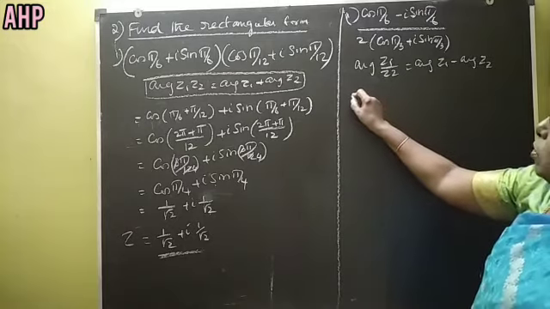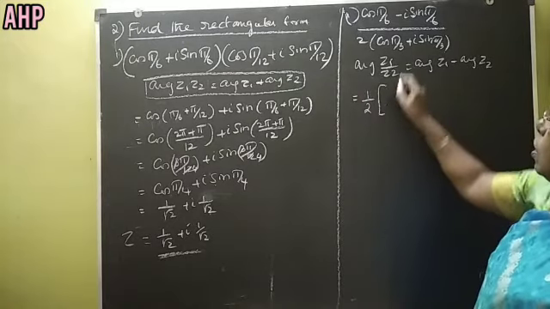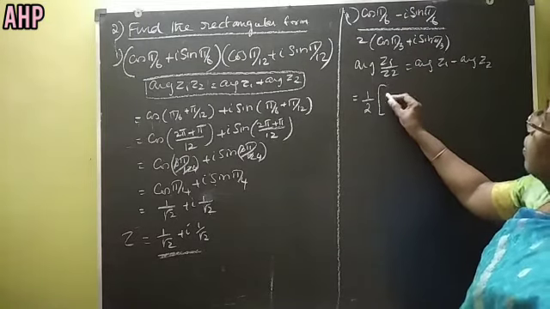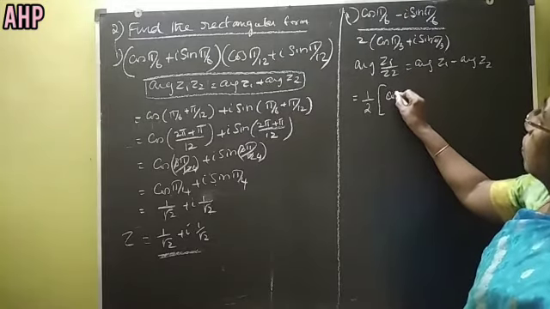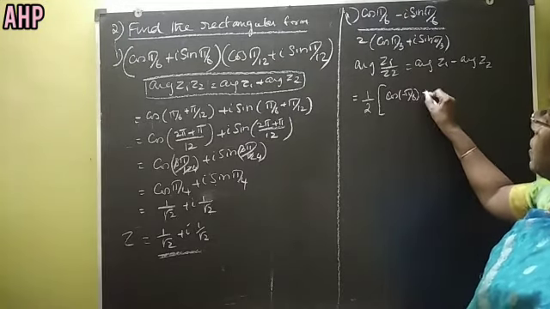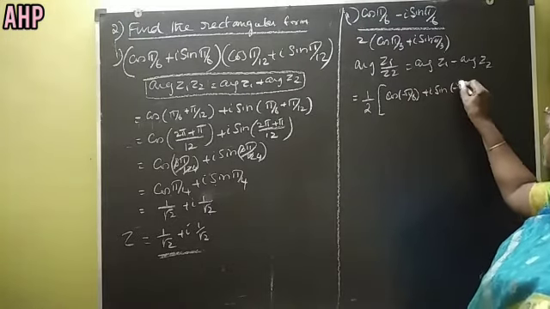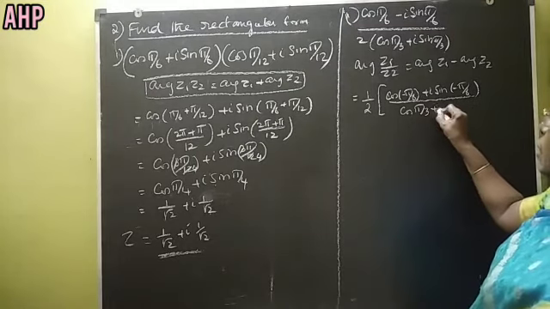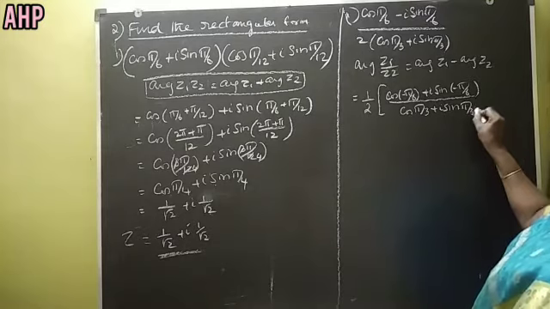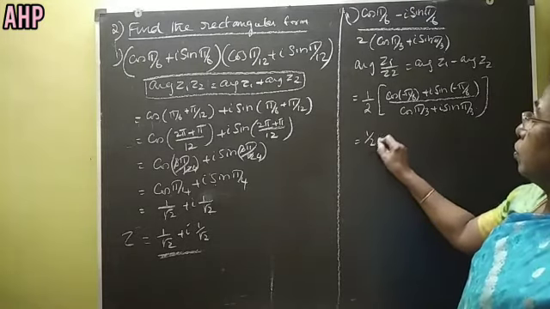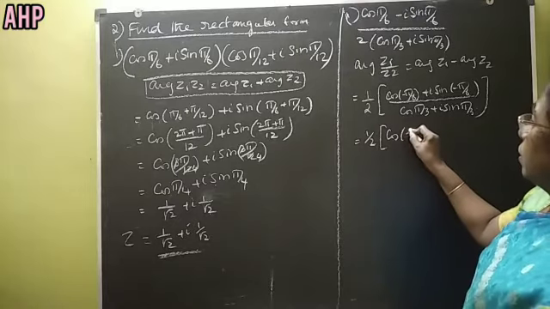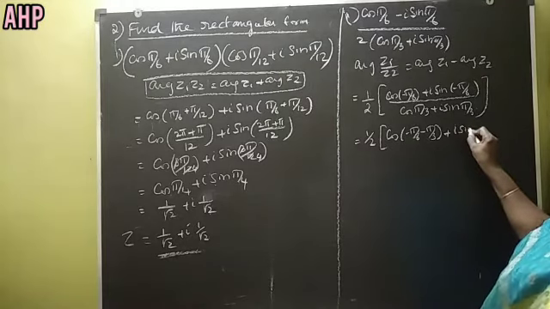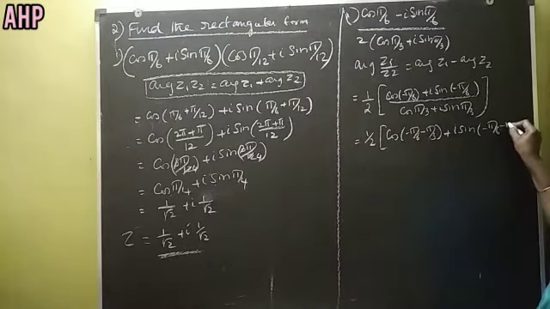So the given question can be written as 1 by 2 into, this is z1 by z2, (cos minus pi by 6 plus i sin minus pi by 6) divided by (cos pi by 3 plus i sin pi by 3). In the next step, this is going to be 1 by 2 into cos (minus pi by 6 minus pi by 3) plus i sin (minus pi by 6 minus pi by 3).